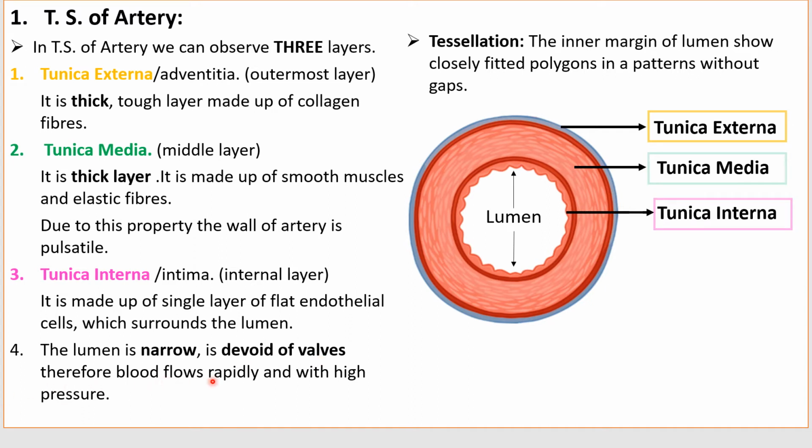Therefore, blood flows rapidly and with high pressure. Tessellation. The inner margin of lumen shows closely fitted polygons in patterns without gaps. Now look here. Here tessellations are present, means the inner margin of the lumen shows closely fitted polygons in a pattern without gaps.